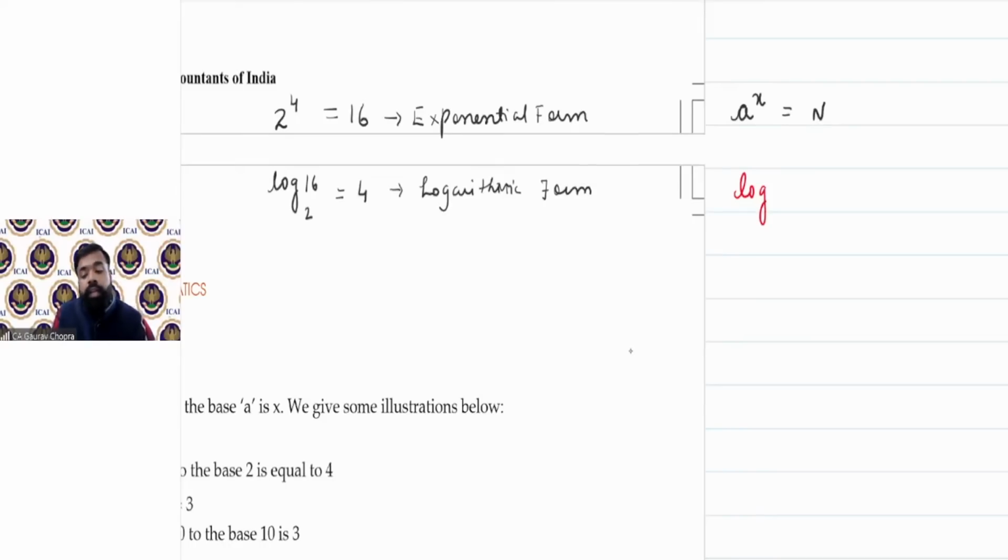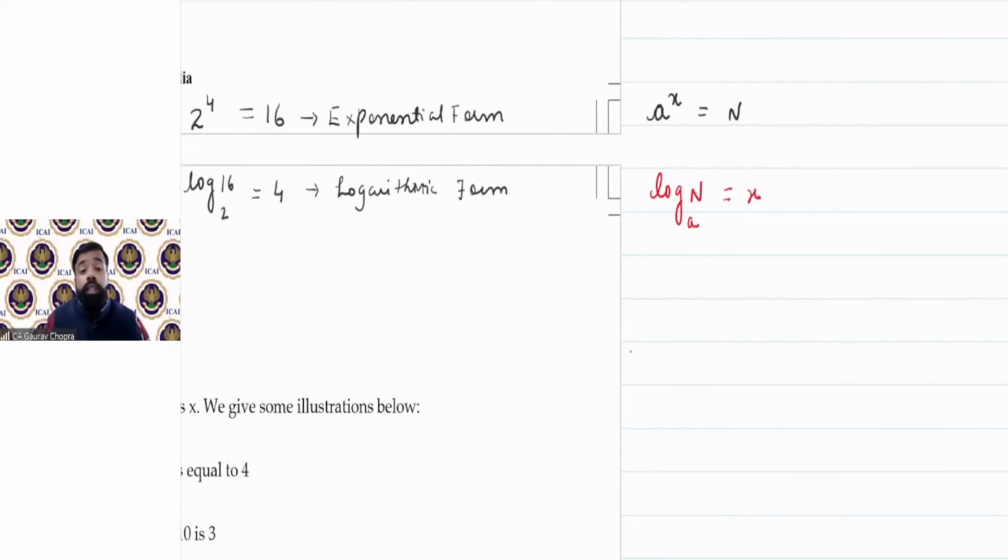Now write the number with log. जो भी उसका रिजल्ट आया था a की पावर x, that is the number. ये आपको कहां लिखना है? log के पास में. So log of n with the base. Now what should be the base? Base should be a, and then it is equal to x.